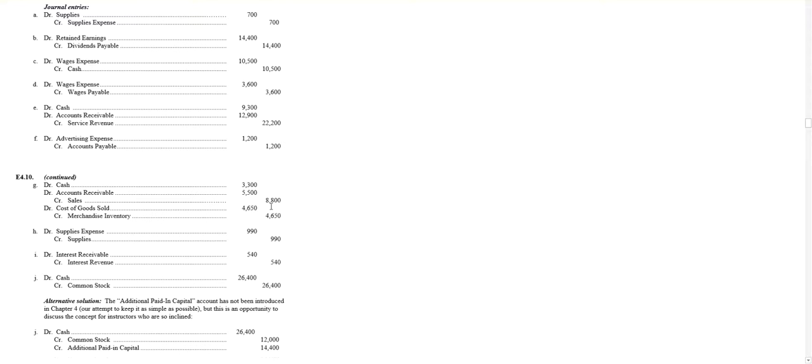Now, if we have a sale and we're using what is referred to commonly as a perpetual inventory system, which means that, when Walmart, I've mentioned this before, scans those items, you immediately record the sale, but you also record the cost.